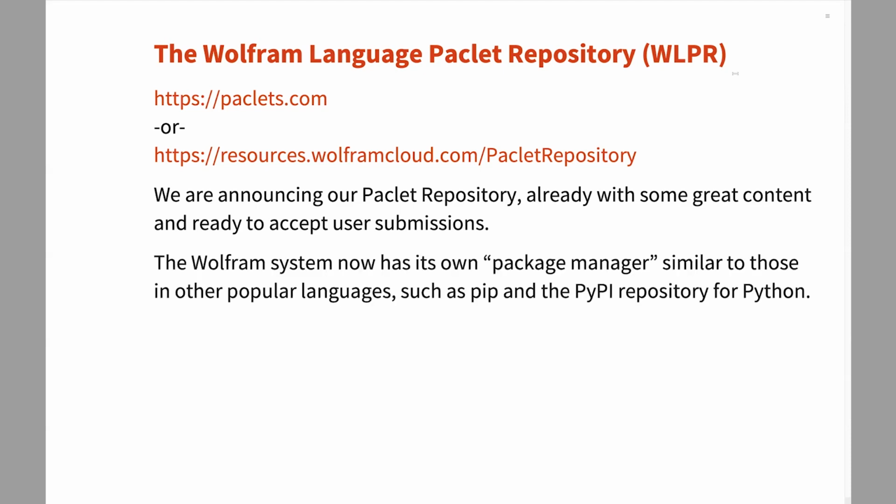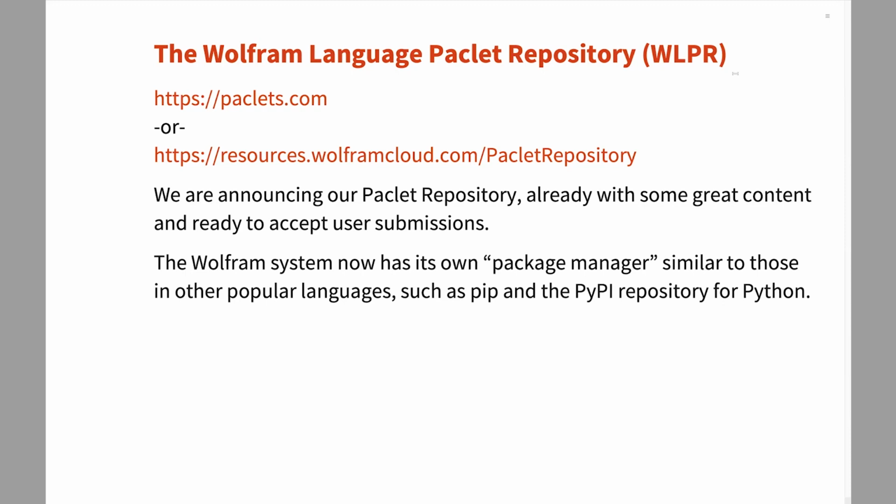So I think we can say now that the Wolfram system has its own package manager, similar to those in other popular languages. You're probably familiar with the pip tool and the PyPI repository in Python, things like npm and the npm registry for JavaScript, Cargo and crates.io for Rust. Basically, most modern languages have some sort of package management system and an associated repository.